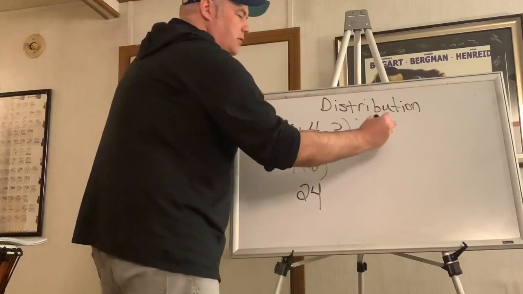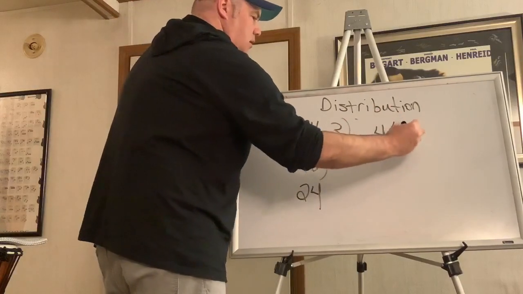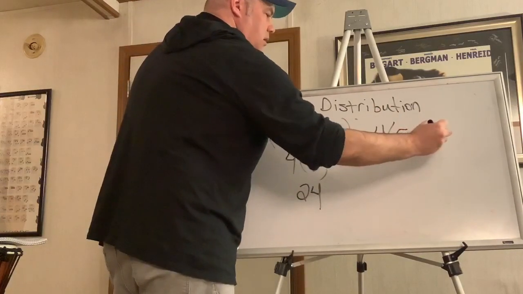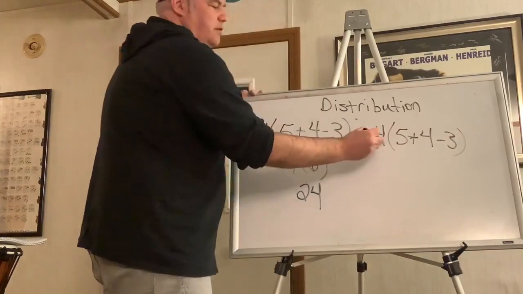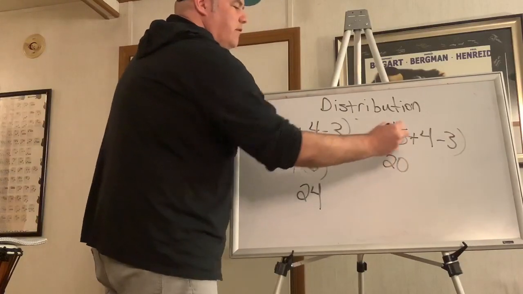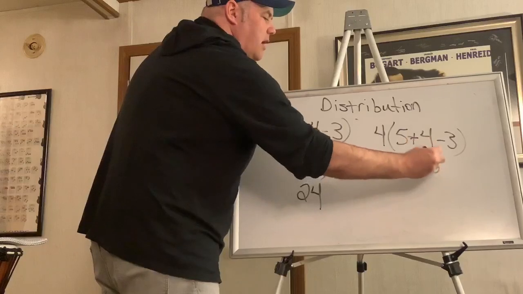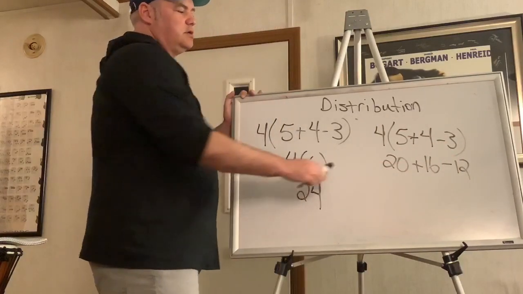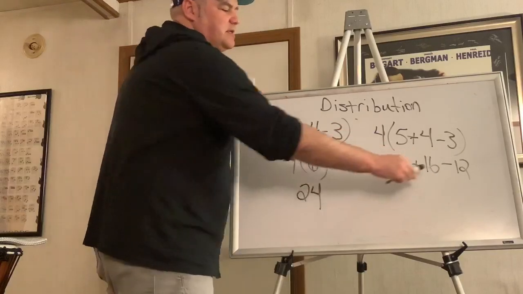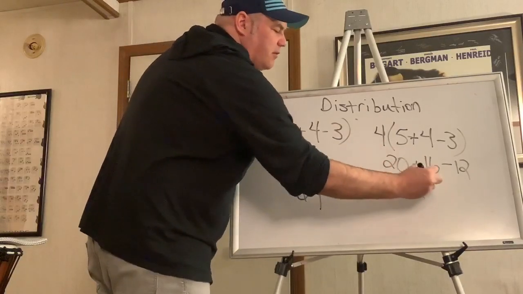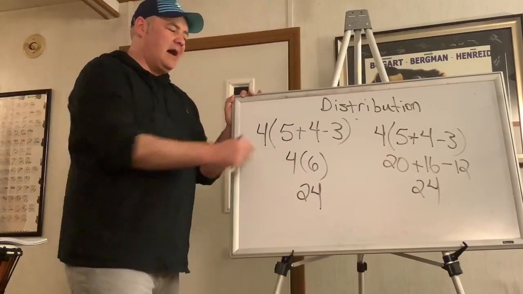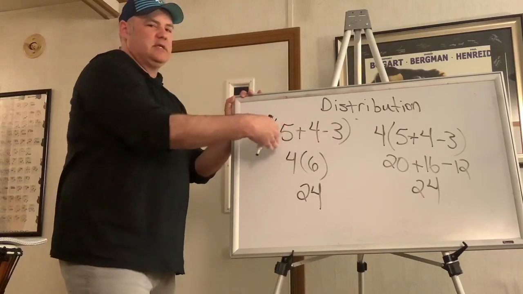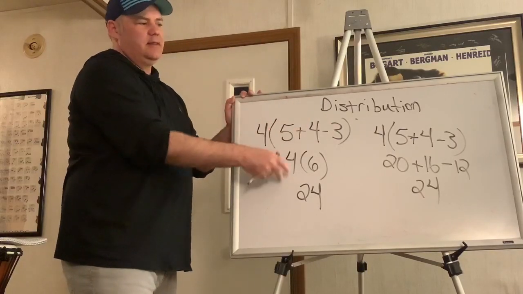If you distribute, you're having to do 4 times 5, 4 times 4, and 4 times negative 3, and you see the numbers are getting bigger. So you do 20 plus 16 is 36, minus 12 is 24, and you would have gotten to 24 that way. I just feel like if you can combine things inside, do that first, and then do your multiplication.